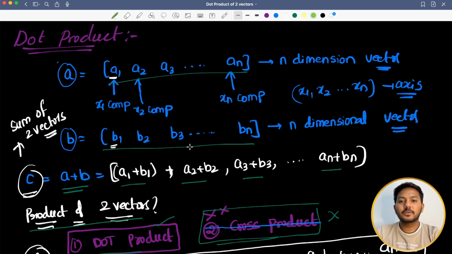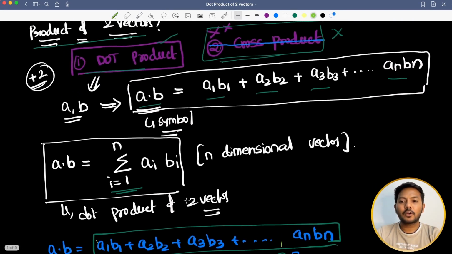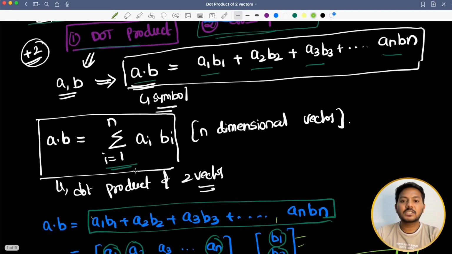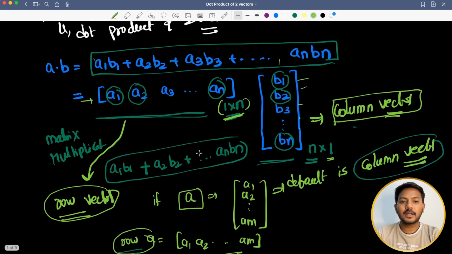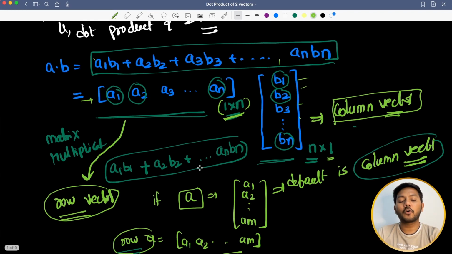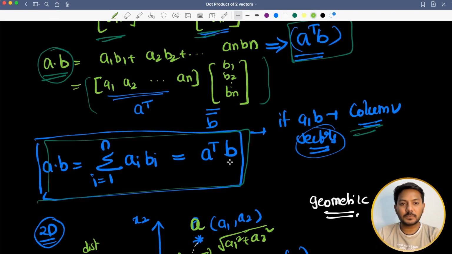In the previous video, we learned about dot product and how you can calculate it, and what is the generalized formula of a dot product. We generalized the dot product for two column vectors, and you can call it w transpose b or a transpose b.